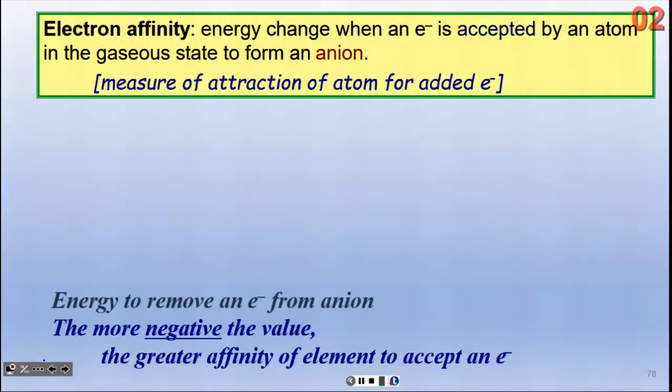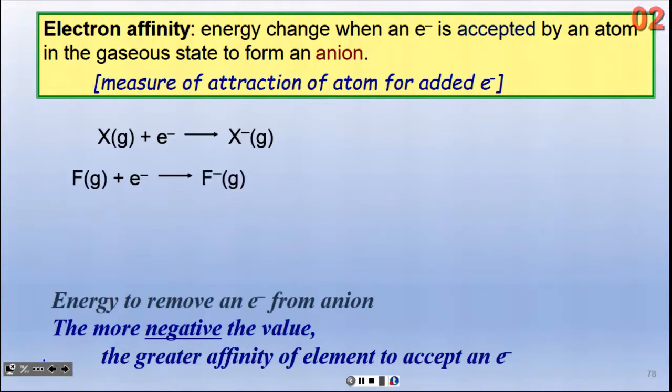So electron affinity is the definition there again. It's the measure of the energy change when an electron is accepted by an atom in a gaseous state, making an anion. How much attraction an atom has for an added electron is what this essentially measures. For something like fluorine in group 7, we have heard that it makes anions and that electron affinity is very favorable.